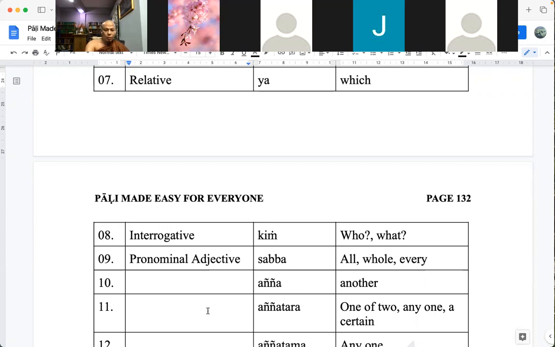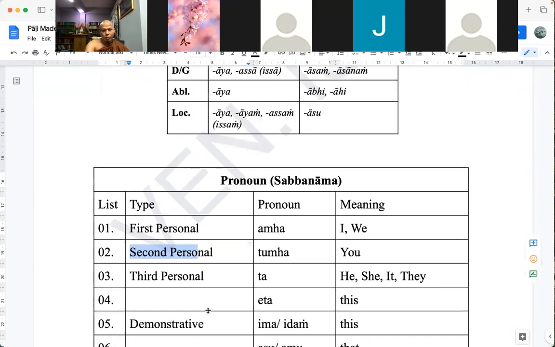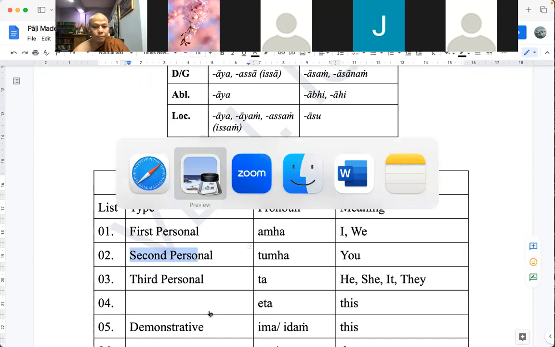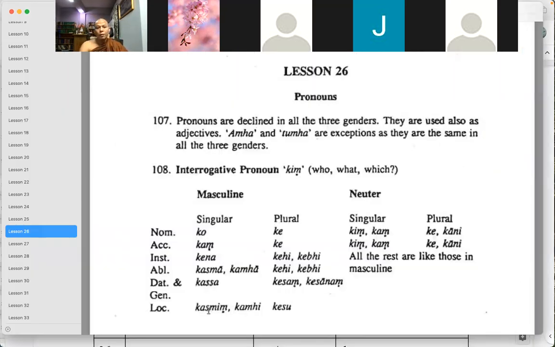Okay, now let's go to the Pali Made Easy again. Here, pronouns are declined in all three genders, so they are also used as adjectives.